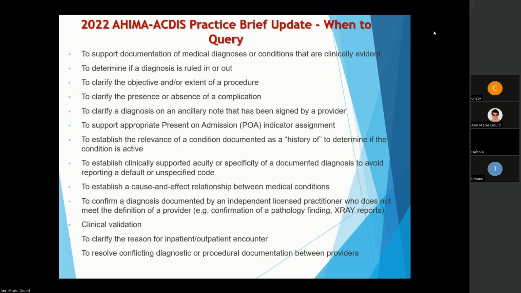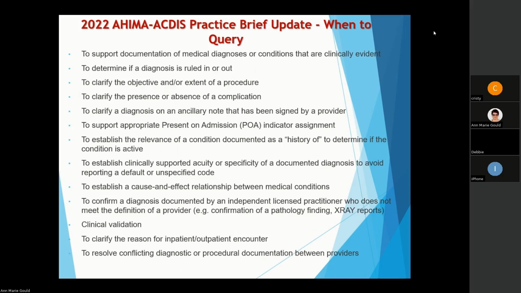Clarify a diagnosis on an ancillary note that has been signed by a provider. Usually with ancillary notes, I look for your pressure injuries, that's your wound care, and your nutrition with the BMI, and they might have written malnutrition on a patient. So you definitely want to clarify and confirm that specific diagnosis with the provider.